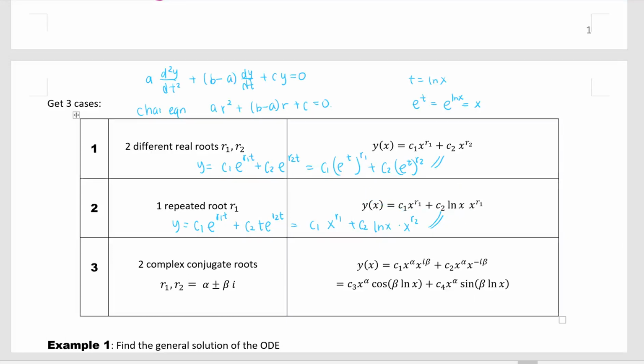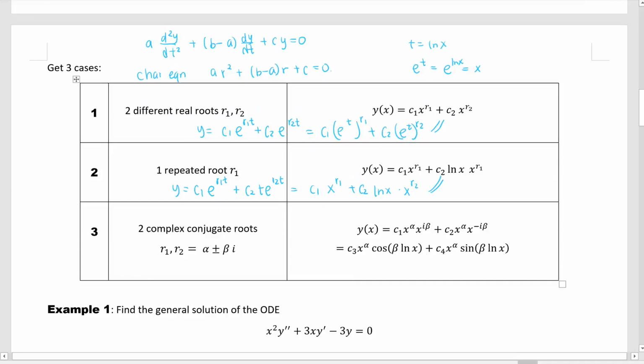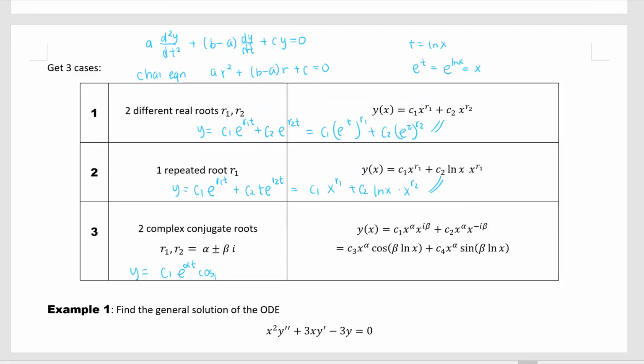And for two complex conjugate roots, alpha plus or minus beta i, if you remember, our solution is c1 e to the alpha t cosine beta t plus c2 e to the alpha t sine beta t.